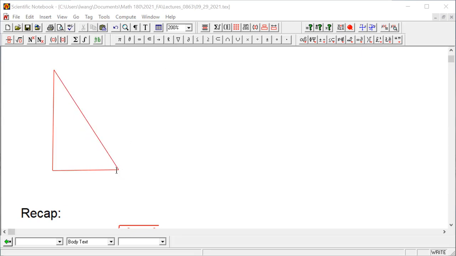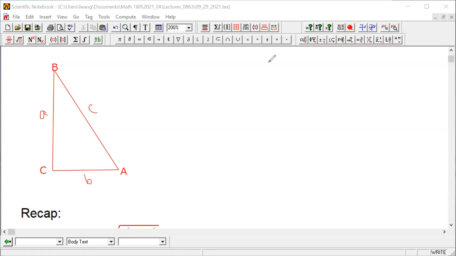Okay, so this angle is A, and this angle is B, and this piece is C. B is across from side B, A is across from side A, and C is across from side C. This time I would write it better to demonstrate.